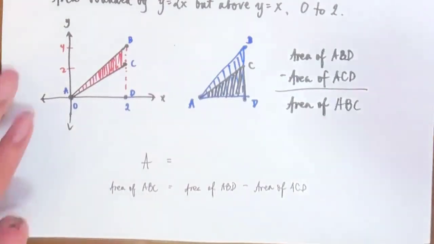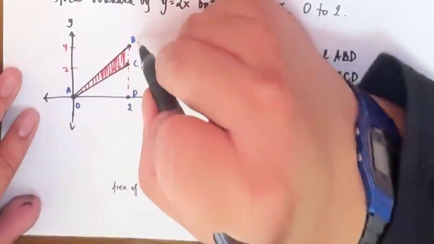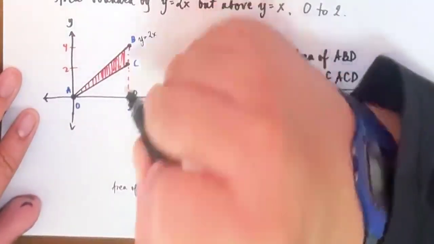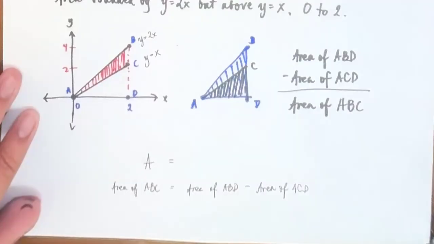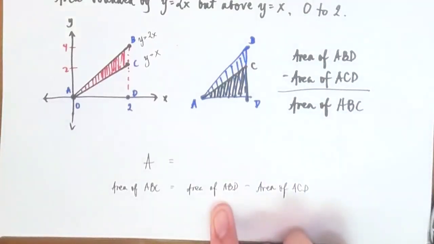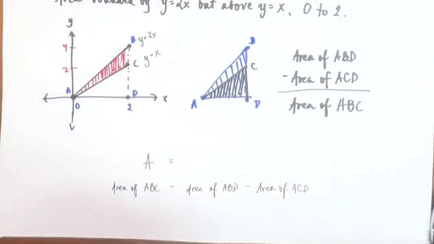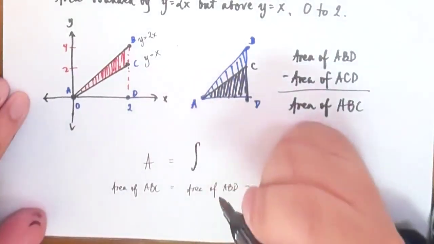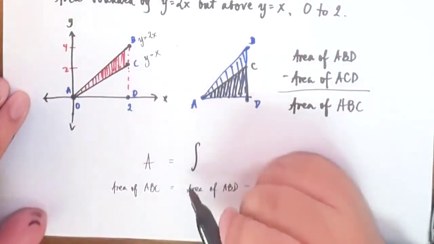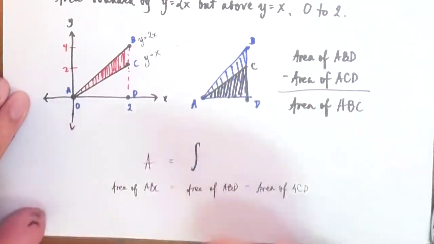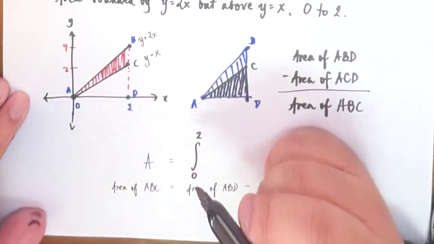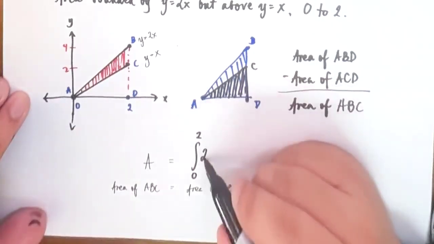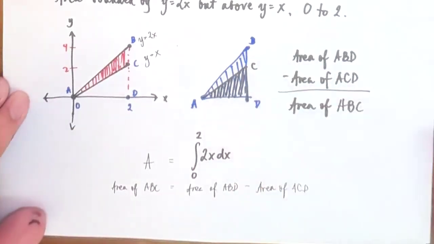Okay. Remember that this function right here, this is y equals 2x. This function right here, this is y equals x. So to set up the area of ABD, the simple answer is this is the integral from 0 to 2 of y equals 2x, of 2x dx, okay?